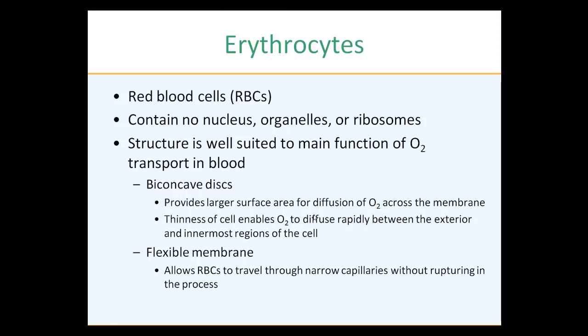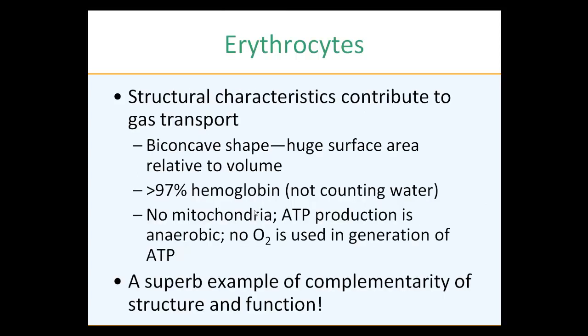It's almost like a pancake flattened out. And it has a very flexible membrane, and we will see in a little bit what happens when anything goes wrong with that membrane in cases of thalassemia, for example. That's where the red blood cells will have a very hard time surviving because they rupture very easily.